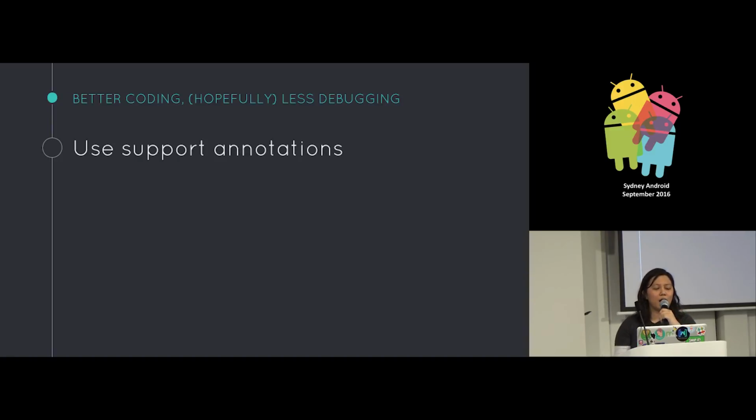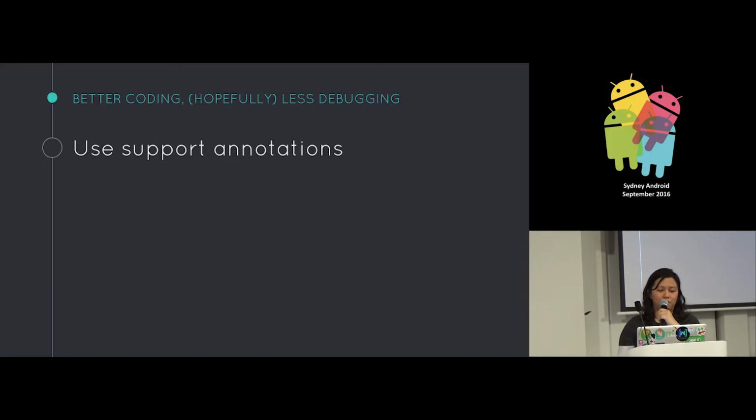So support annotations allow you to put in annotations about these resources. It can be @StringRes, @DrawableRes, any type of resource. It will also allow you to indicate if a method returns non-null or if a method requires a non-null value. So I highly suggest that you look at what support annotations can do for you.